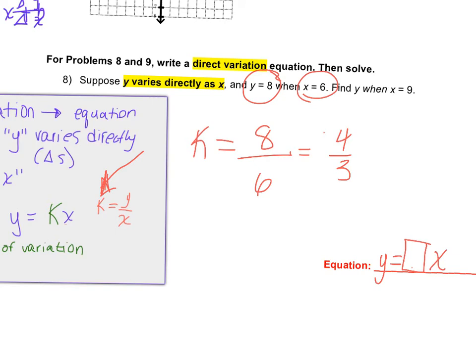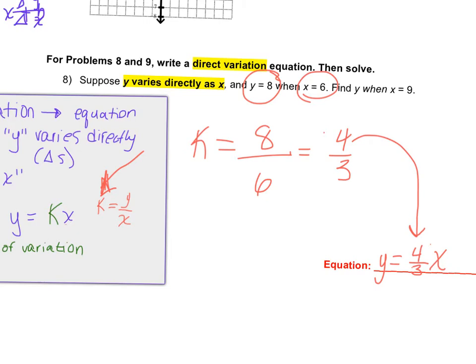So if k is 4/3, then the equation is y equals 4/3 x. And again, how did I get that equation? Because I know it's a direct variation equation, which means it's a y equals kx equation. And I know that k is what I have to figure out. And how did I get k?